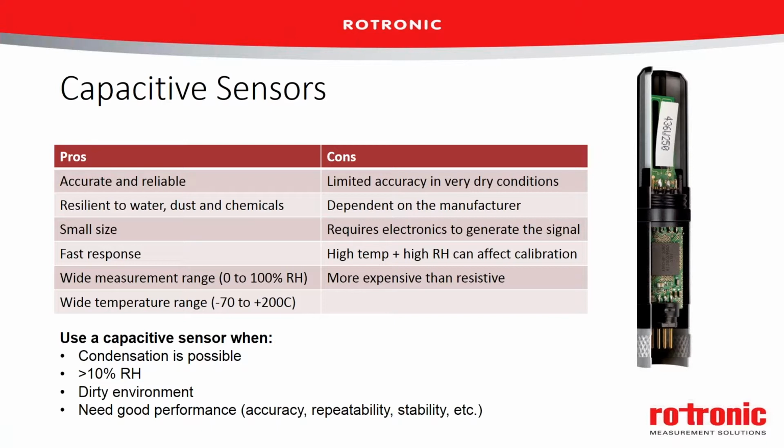They can also have a very wide range of measurement. Quite often, these sensors will be set up to measure from 0 to 100% relative humidity, but they can also be set up to monitor very low dew points or frost points.